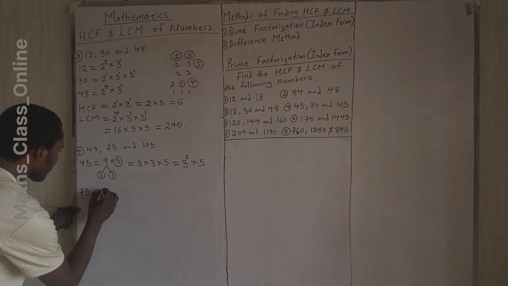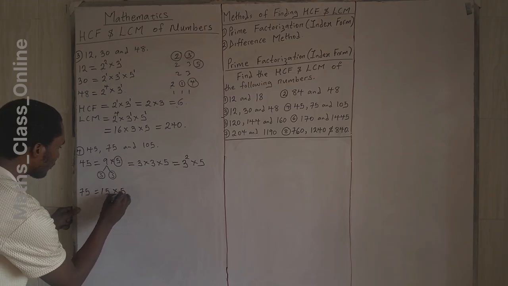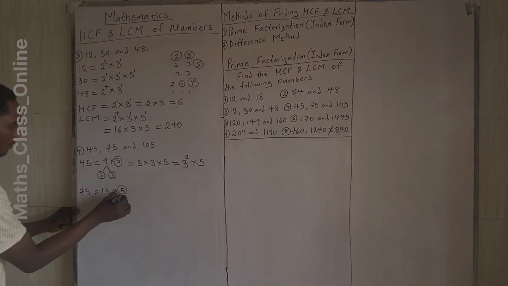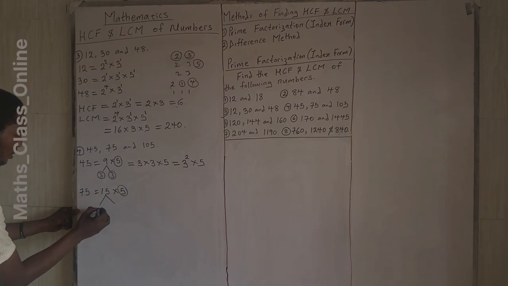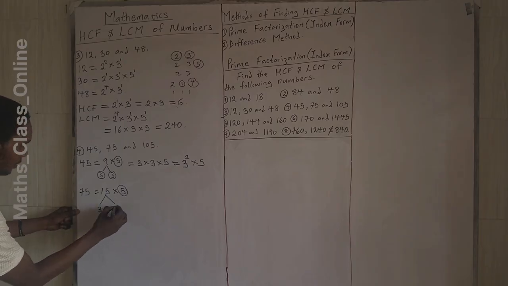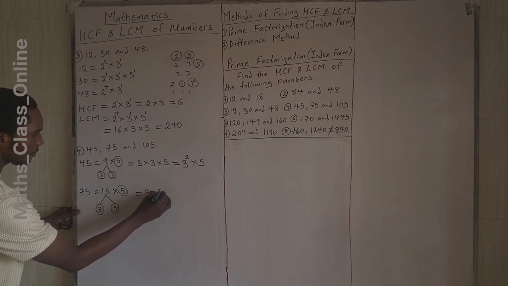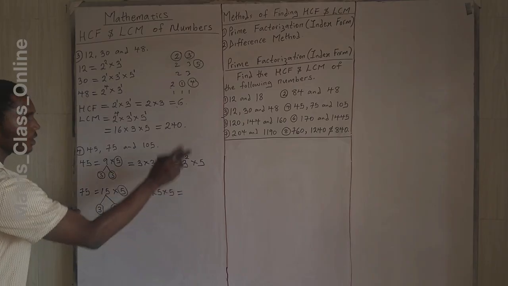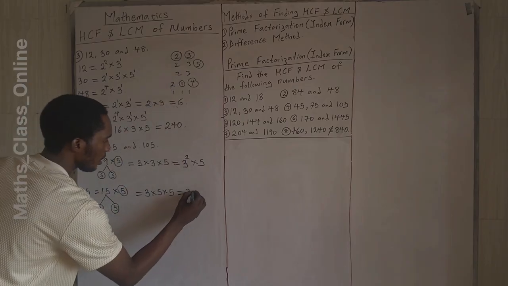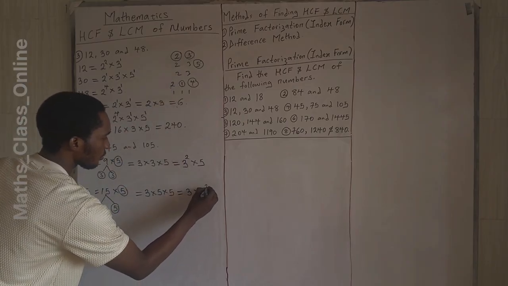And that is 15 multiplied by 5. This is a prime. This is not a prime. And this is 3 multiplied by 5. Prime, prime. And we're going to have 3 times 5 times 5. Index form: 3 times 5 raised to the power of 2.